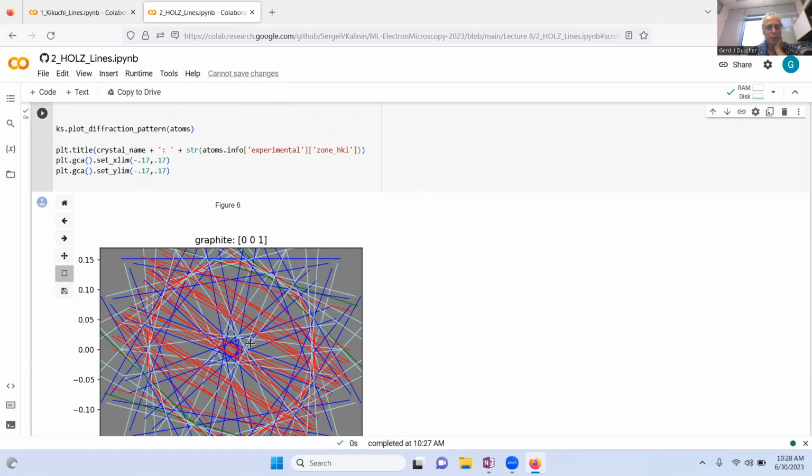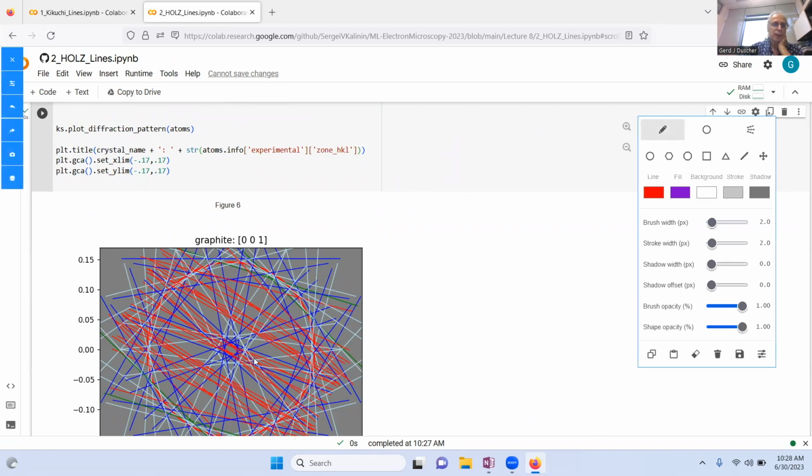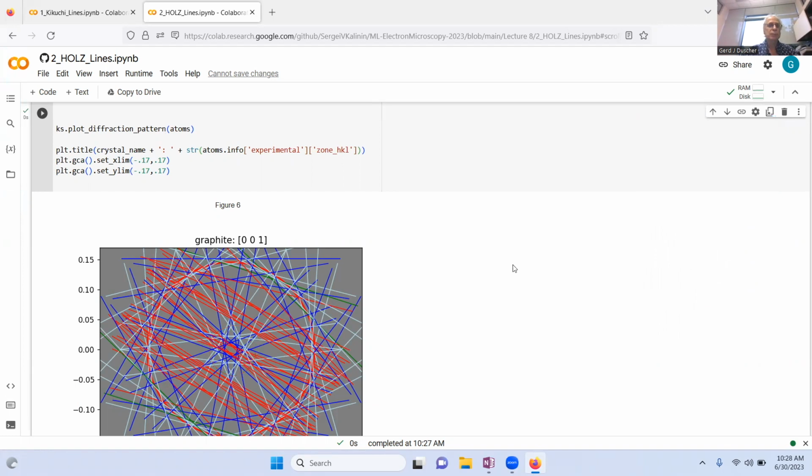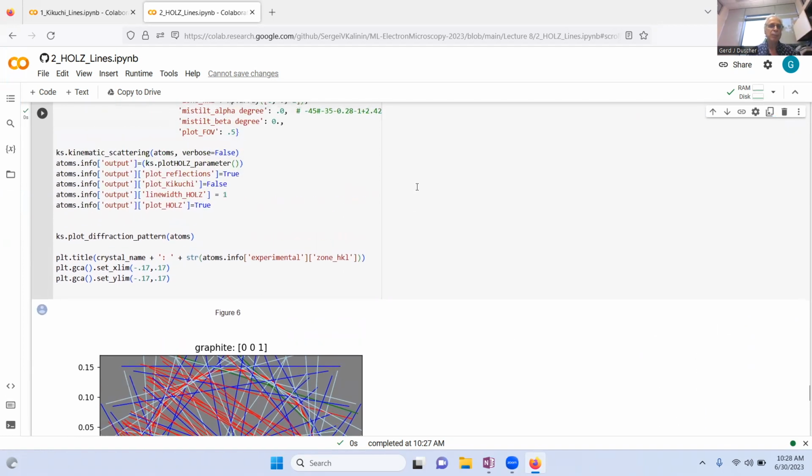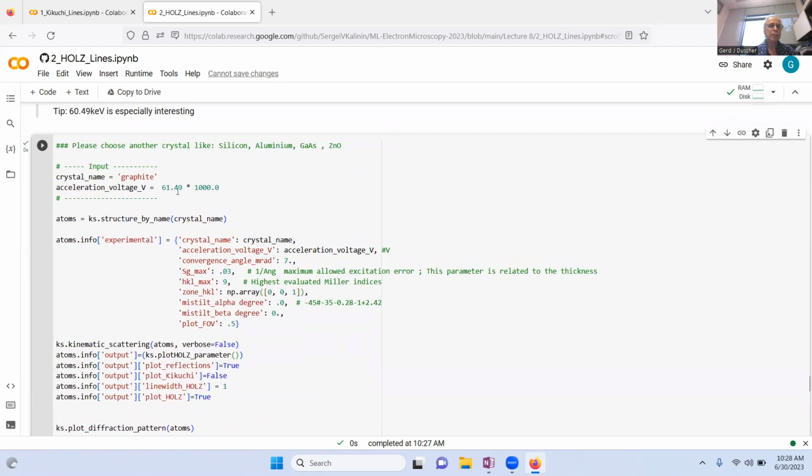I want to look at the blue kind of circle or polygon that we have in the center of our Holz lines here. So let's reduce that. So it was 61.49.